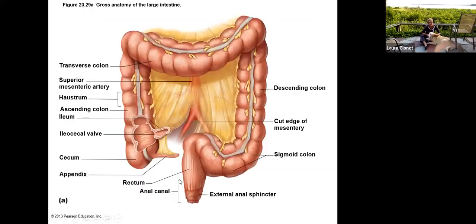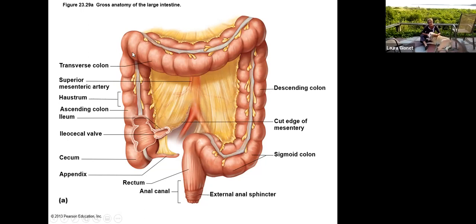So here we have the large intestine, where the ileum meets the large intestine is that ileocecal valve. So the pouch inferior to that is called the cecum, and the smallest extension there is the appendix. Then you travel upward.